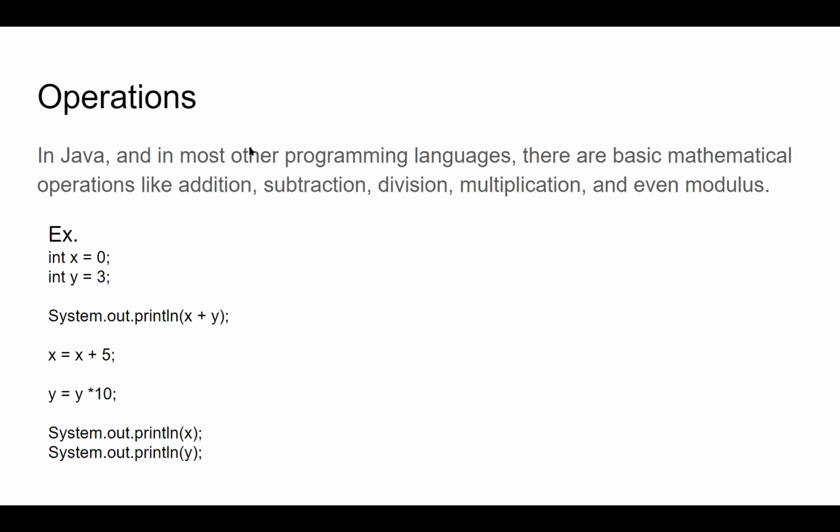I saw a lot of people doing this. They would say int x equals 10, int y equals x, int z equals x plus y, and then system.out.println of x plus y, which was a way to do it.